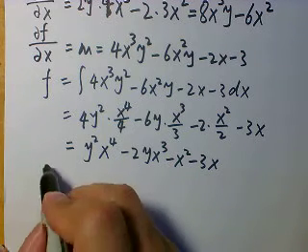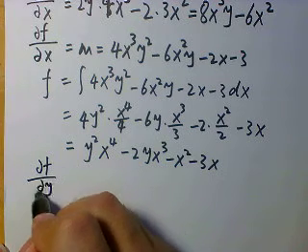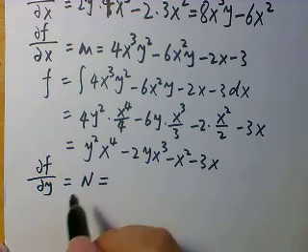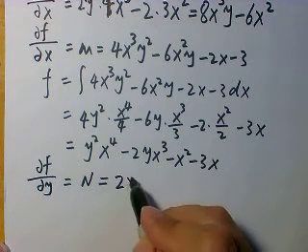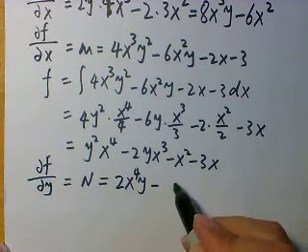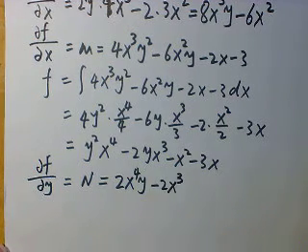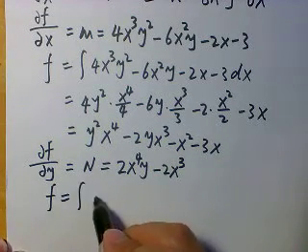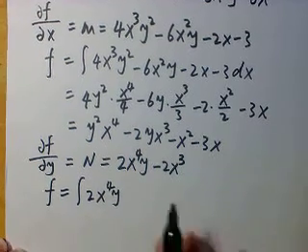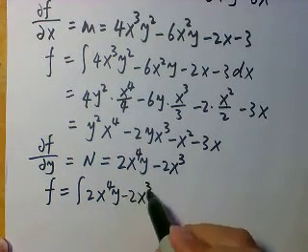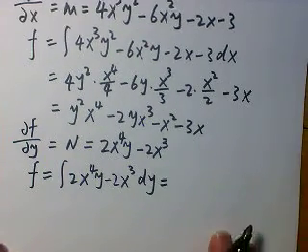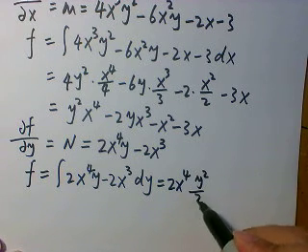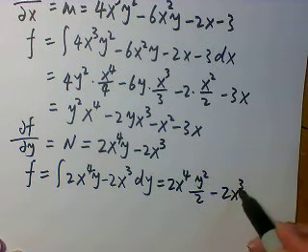Now we're gonna use partial f over partial y equals N, where N equals 2x to the power 4 y minus 2x cubed. Again, we do the integral with respect to y, and we get 2x to the power 4 y squared divided by 2 minus 2x cubed y.